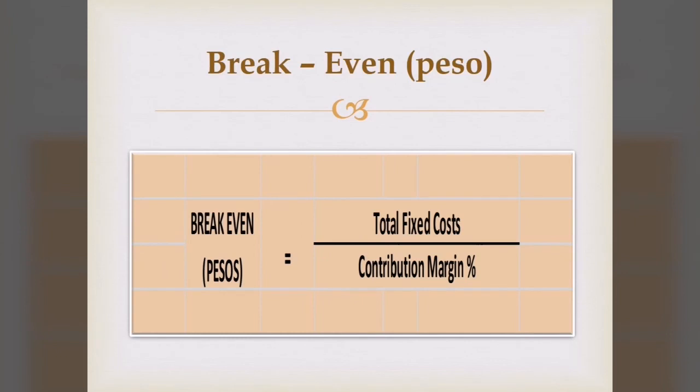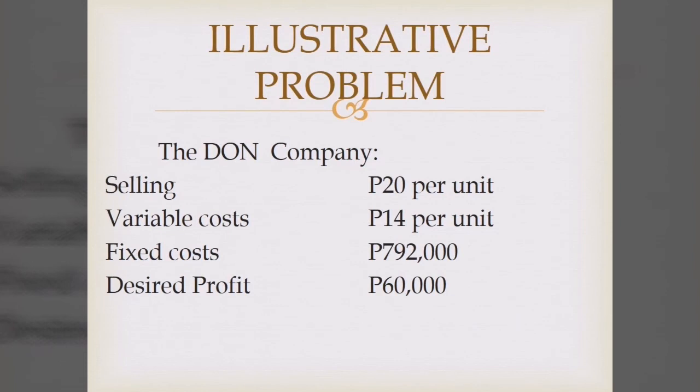Now, how do we compute the break even in peso? The total fixed cost will be divided by the contribution margin percentage, or ratio. Using the same problem: The Don Company.